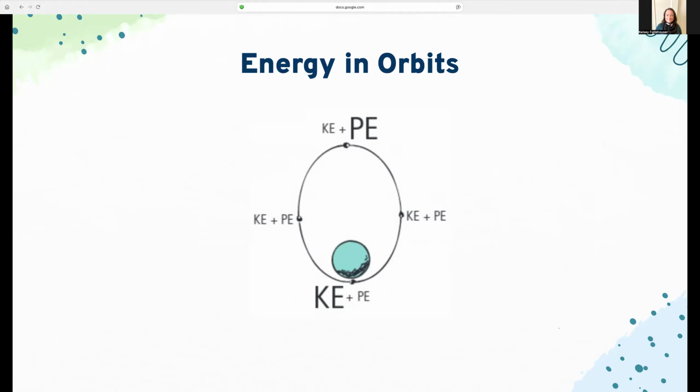And actually, the black hole at the center of our galaxy fits within Mercury's orbit. That's the planet closest to the sun.